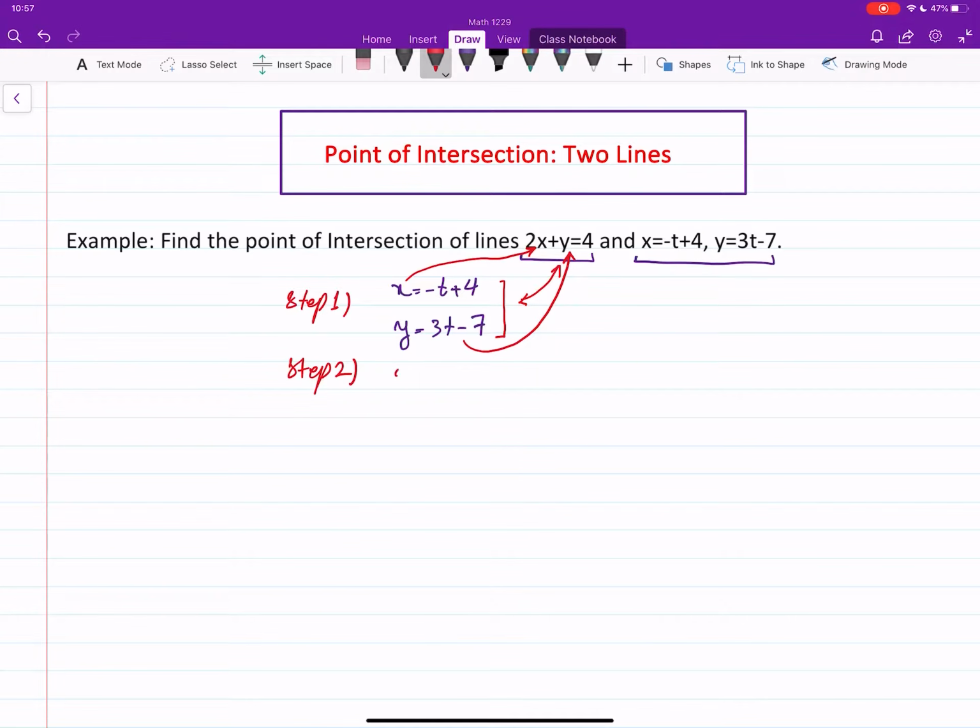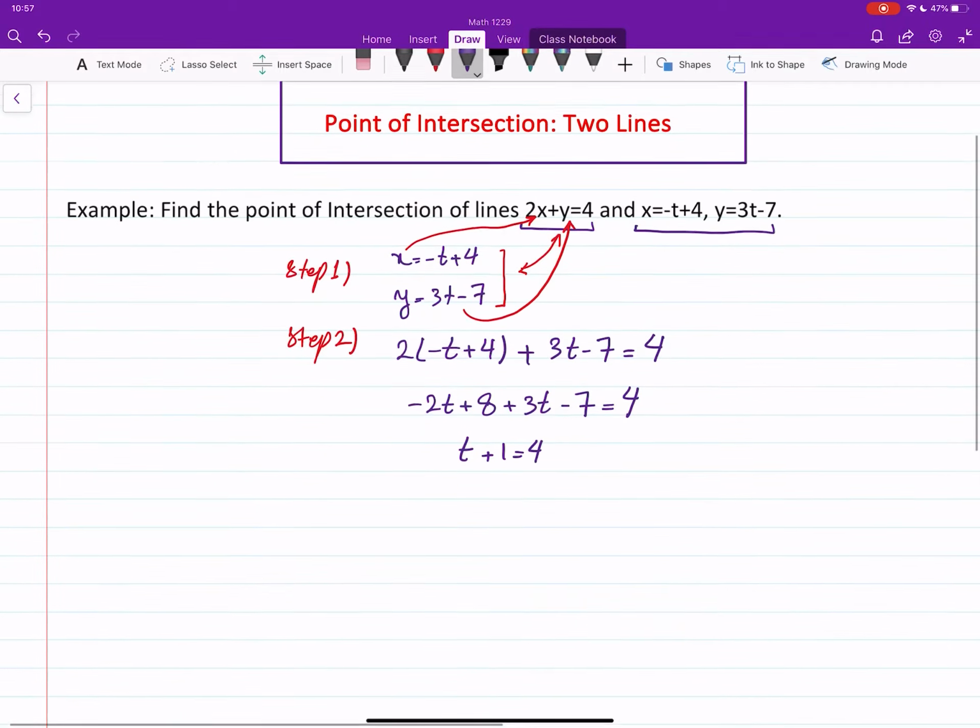So I have 2 times negative t plus 4, plus 3t minus 7, is equal to 4. You can simplify: negative 2t plus 8 plus 3t minus 7 is equal to 4. And then this is just t plus 1 equals 4.